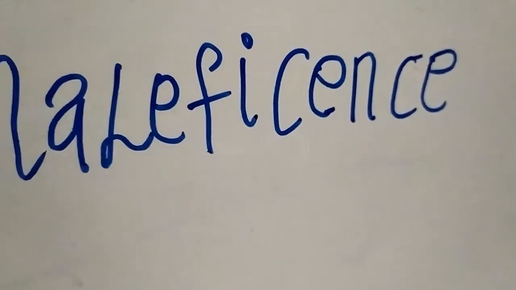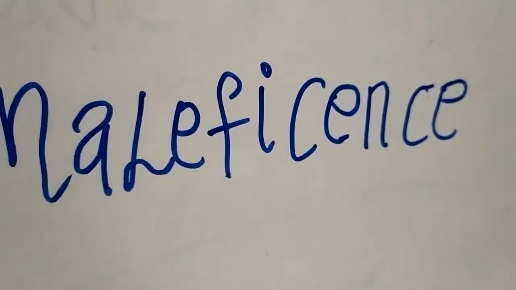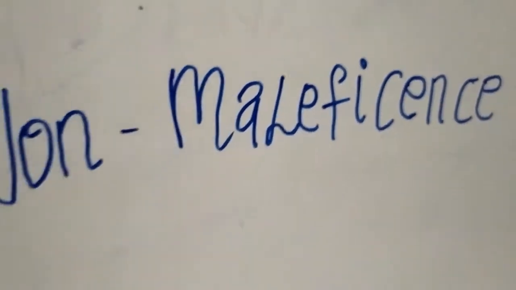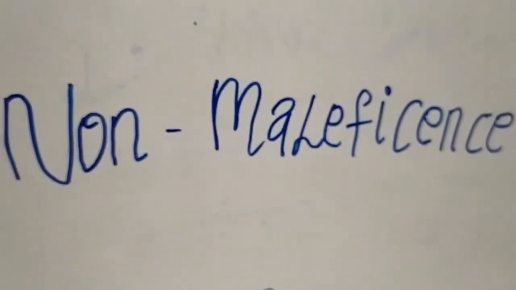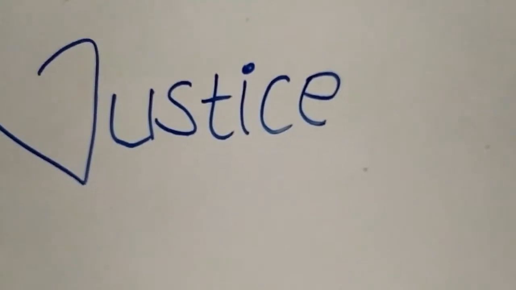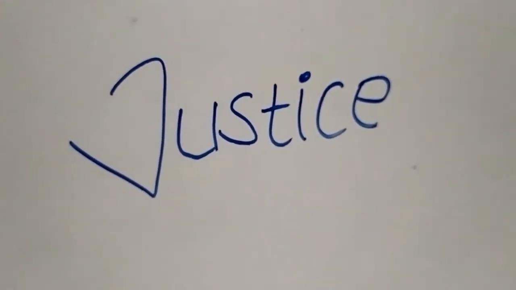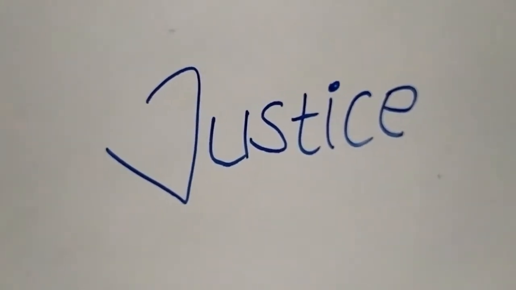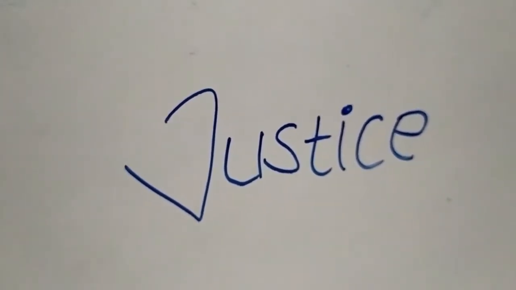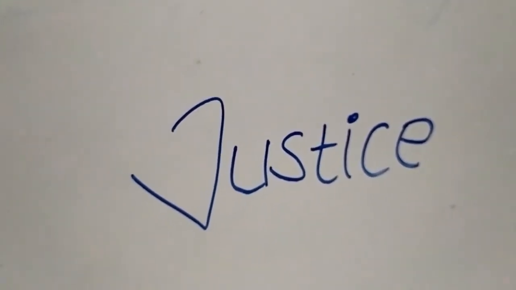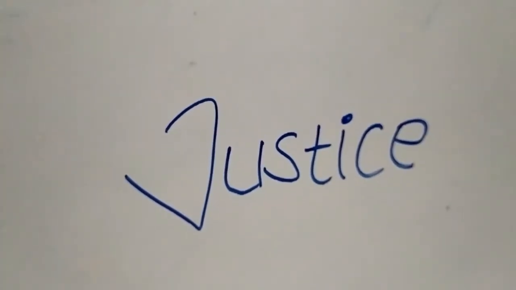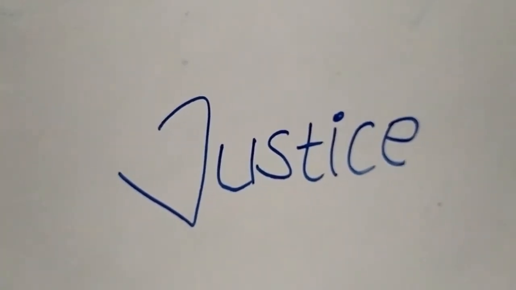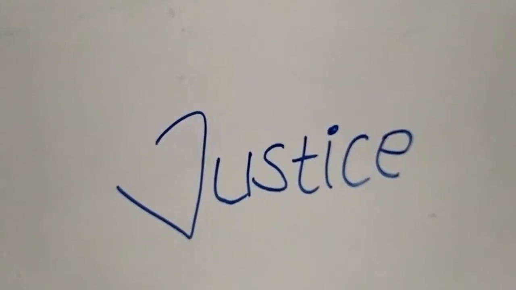In this part, the researchers don't harm the participants. And the last principle is justice. In this part, it is about fairness in procedures for selecting participants. Being fair to the participants, the needs of the participants should come first.